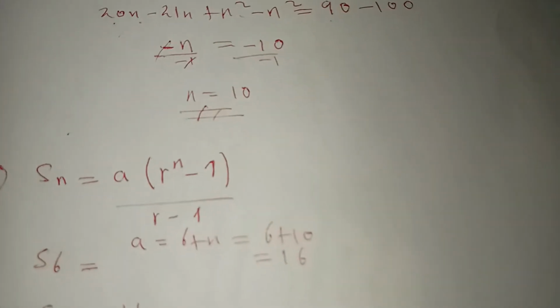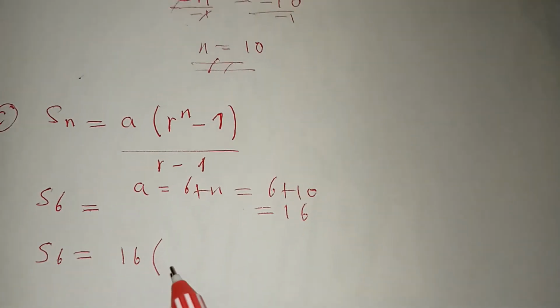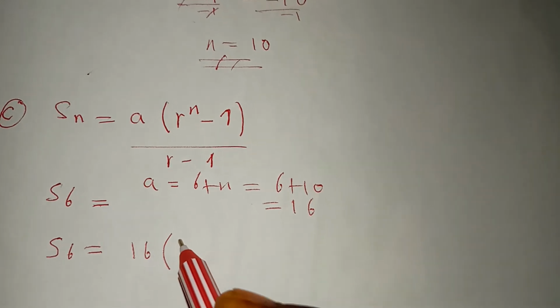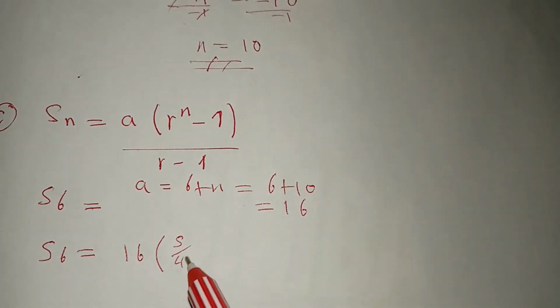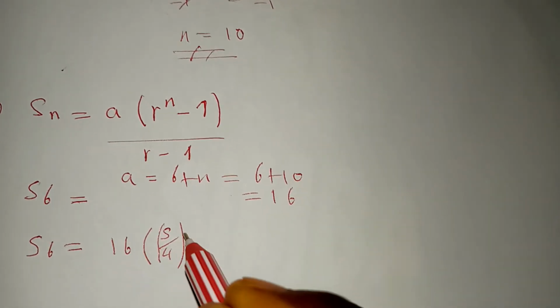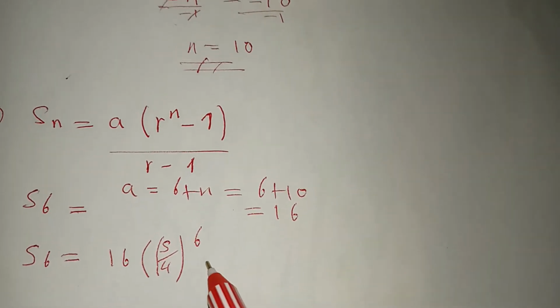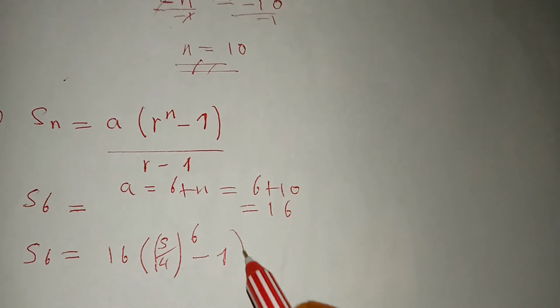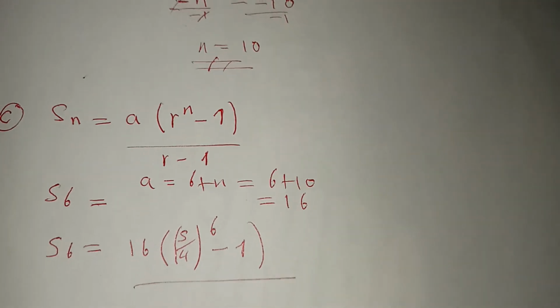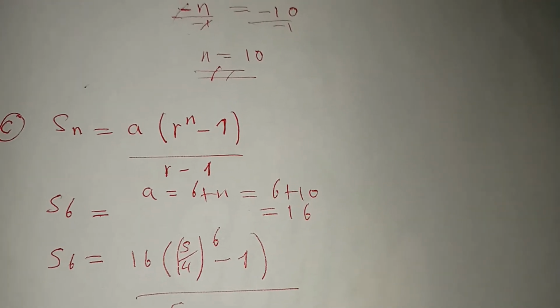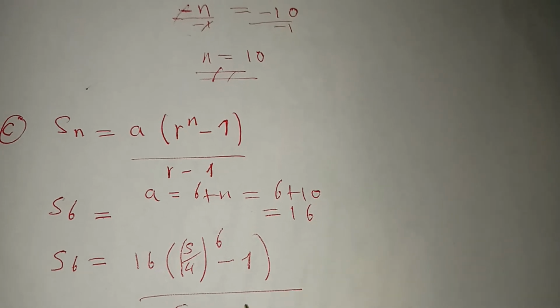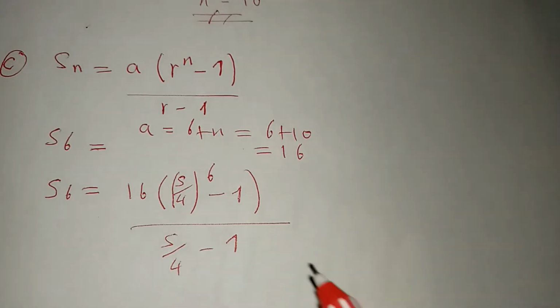Sum of 6 terms will be equal to the first term, which is 16, in brackets there. We are having the common ratio 5 over 4 to the power 6, since we are calculating the sum of 6 terms, minus 1, then divide by the common ratio 5 over 4 minus 1 there.